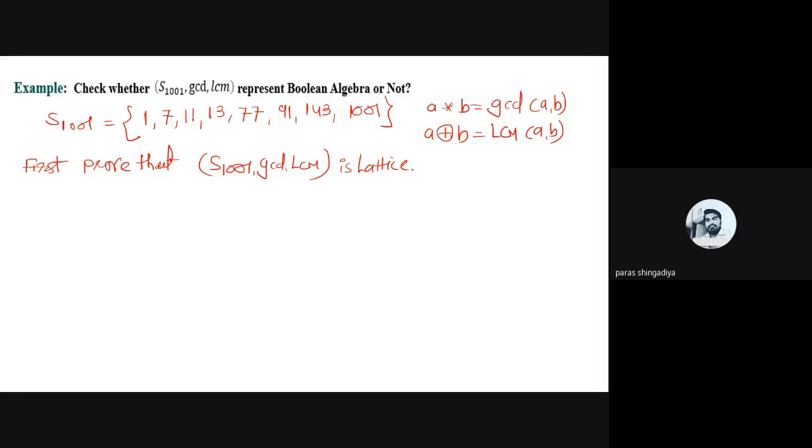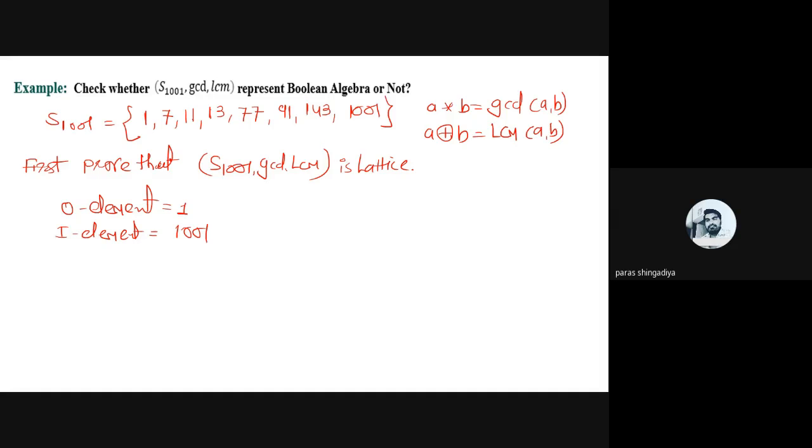Okay, so for that we require the 0 and I element. So which number is the 0 element here? Yes, anyone please reply. Which number is the 0 element? It is 1. Yes. Okay, so the answer is 1, and the I element is 1001. Clear?